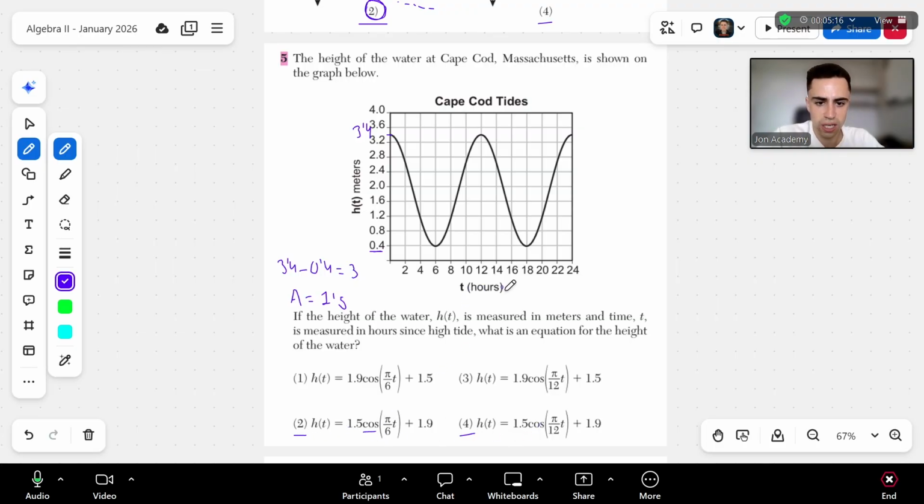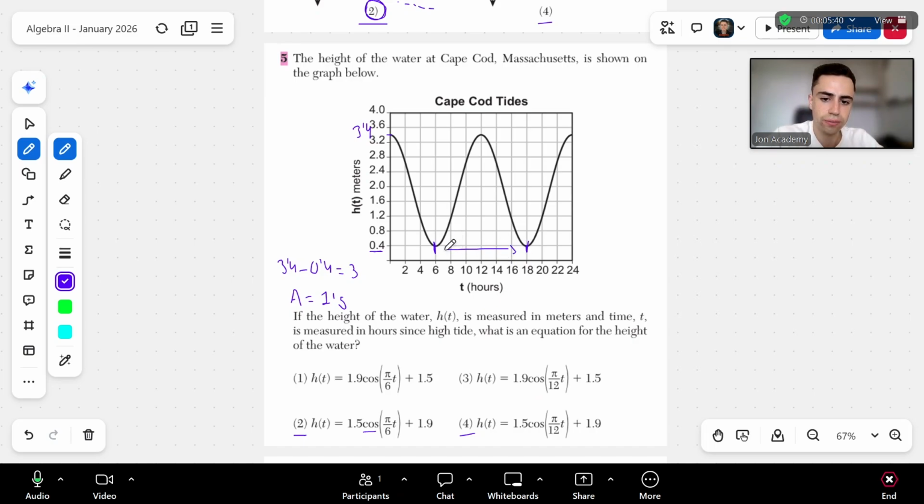And then what else can we check? We have to see the period. Another option would be taking one of the values, but what we can see is it goes from 6 to 18. So there it makes a whole period, it starts repeating itself once again.